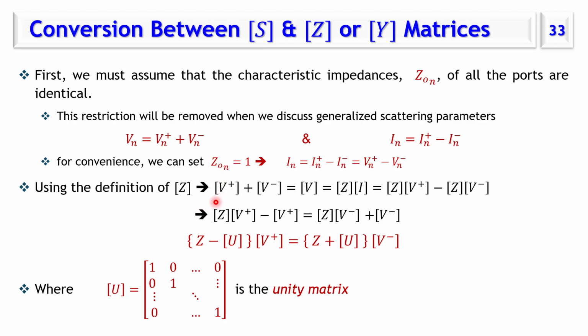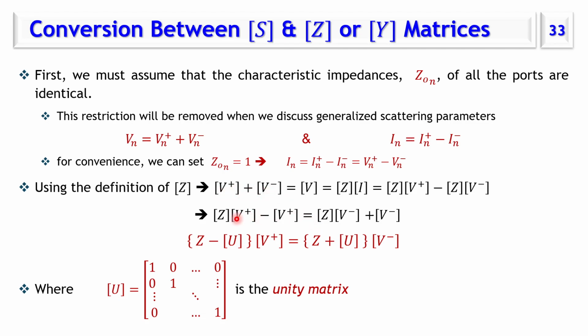So writing the Z matrix relation, the voltage matrix equals the Z matrix multiplied by I. So the I matrix can be written as V plus minus V minus. So the right hand side will equal this expression, and the V can be written as V plus plus V minus.